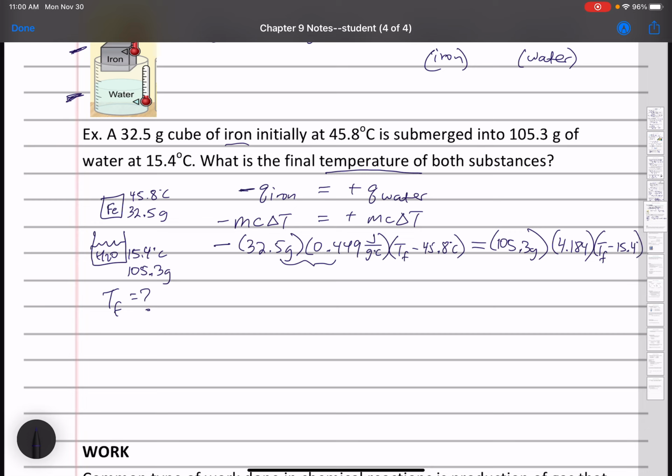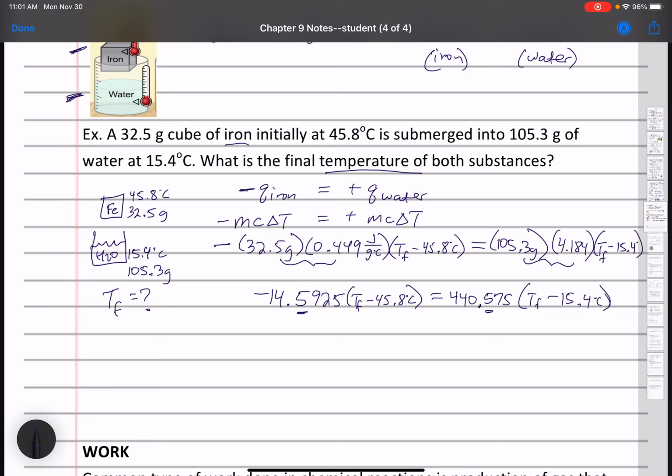So I've got, that's going to be negative 14.5925, and I'm carrying that out extra figures, but if I'm saving my places of sig figs, this should only be three significant figures, times TF minus 45.8 degrees Celsius, and I'm going to multiply these two, so I get 440.575, and this is four significant figures, times TF minus 15.4.